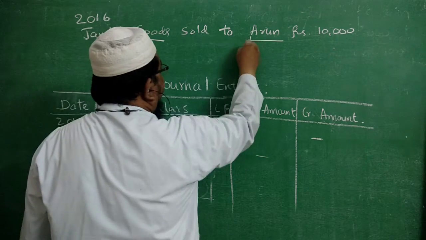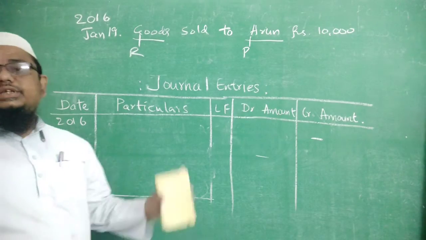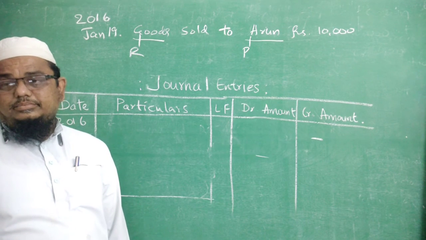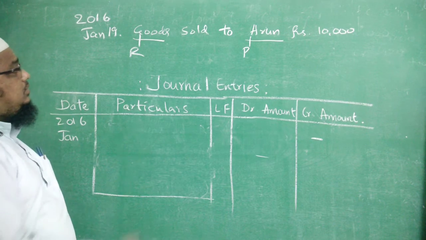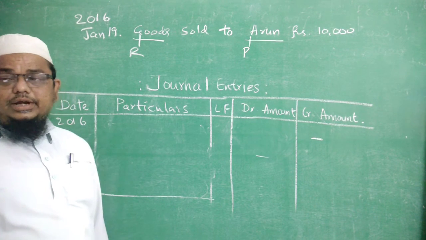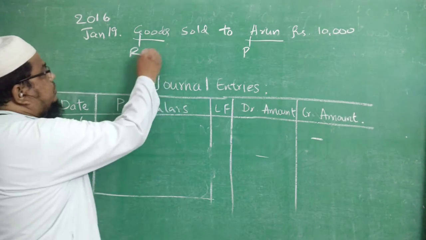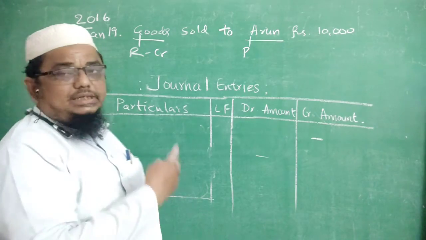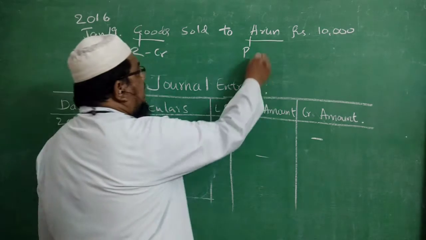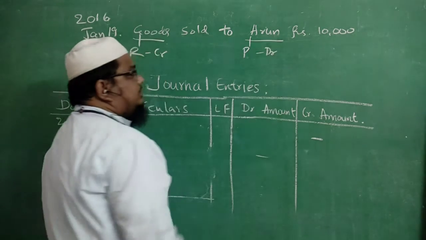Arun account is personal. So this is a credit transaction. Now here, real account rule: debit what comes in, credit what goes out. Goods are going out, so credit. Personal account rule: debit the receiver, credit the giver. Arun is the receiver, so debit.